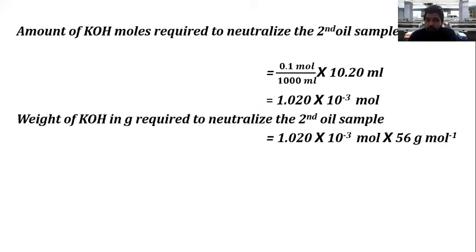We know the molecular weight of KOH. So what is the answer for this? You can do whatever, but at the practical exam, if you don't catch this clearly, you will be in trouble. So what's the answer for this?